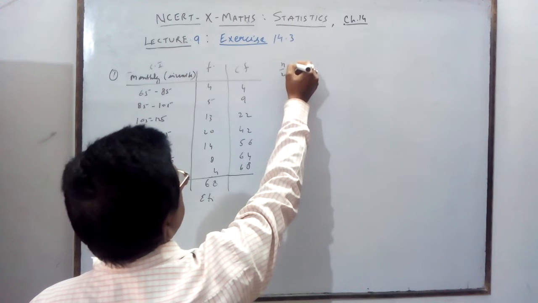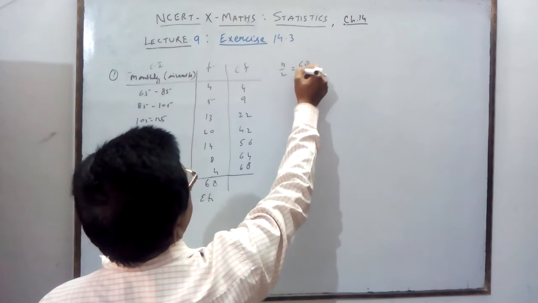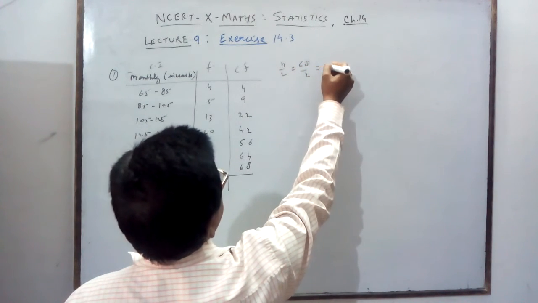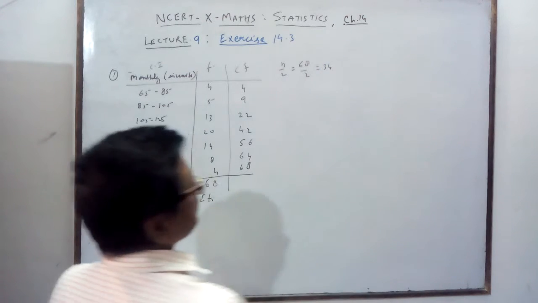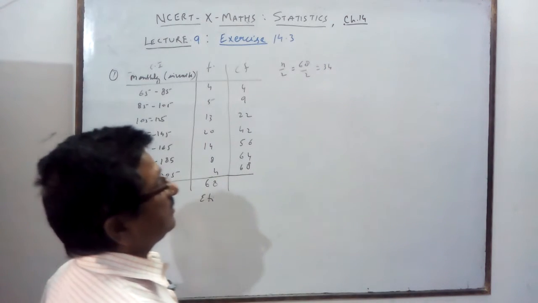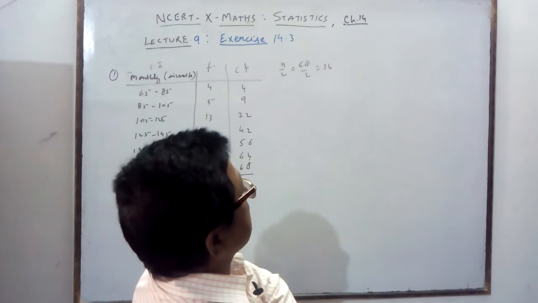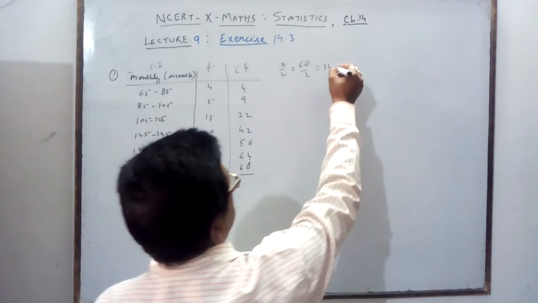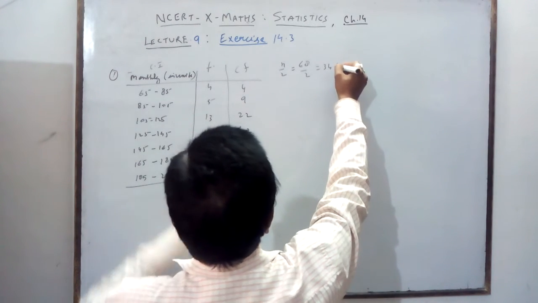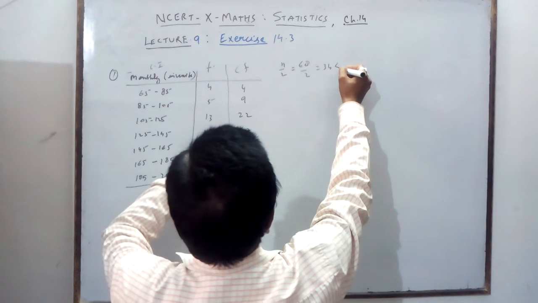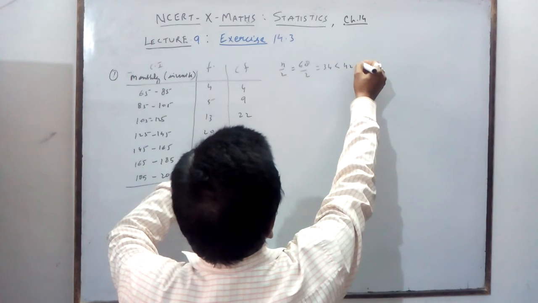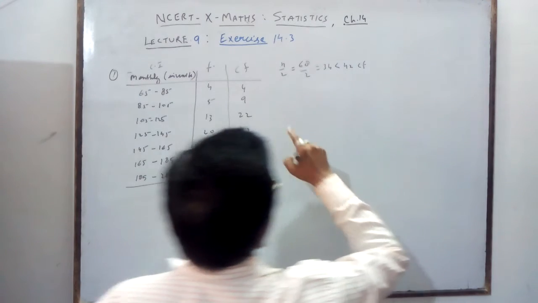N by 2 is 68 by 2, which is 34. The CF greater than this is 42.